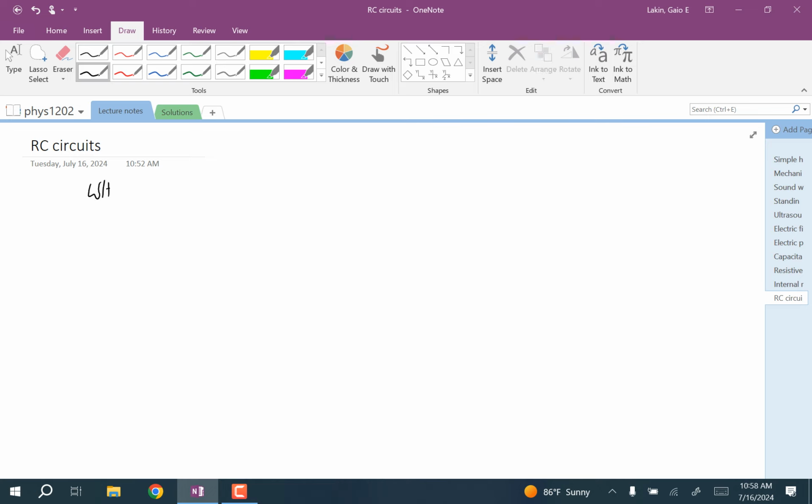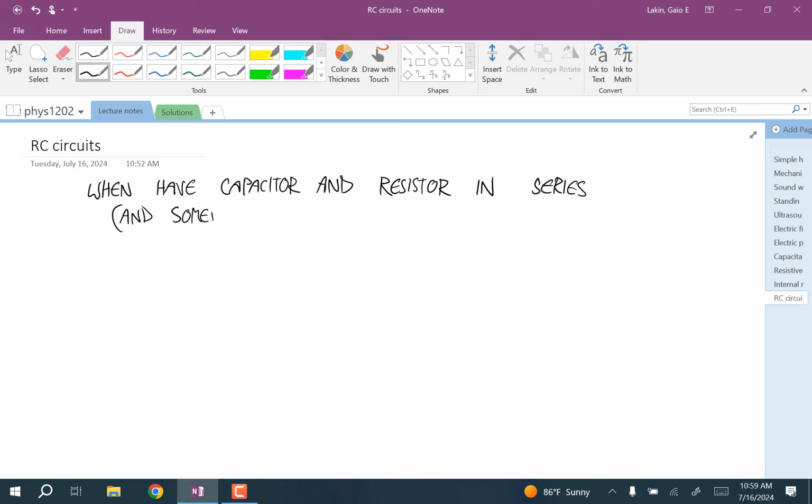So when you have a capacitor and a resistor in series, and in some cases sometimes a battery, we'll talk about when.